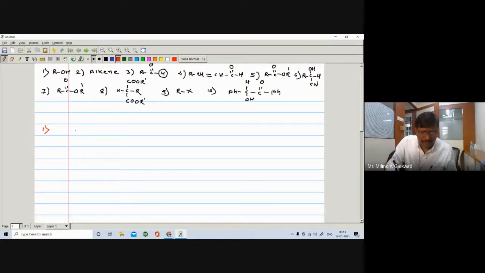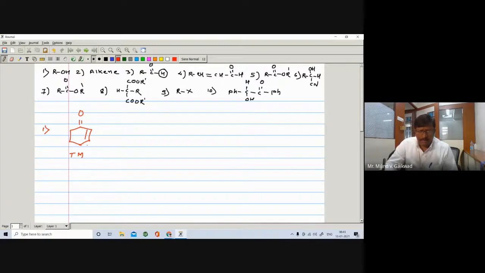So for 2 marks, they'll give the target molecule that you have to prepare. So TM is this one. You should know first what is the type of TM, whether it is from 1 to 10 or not.